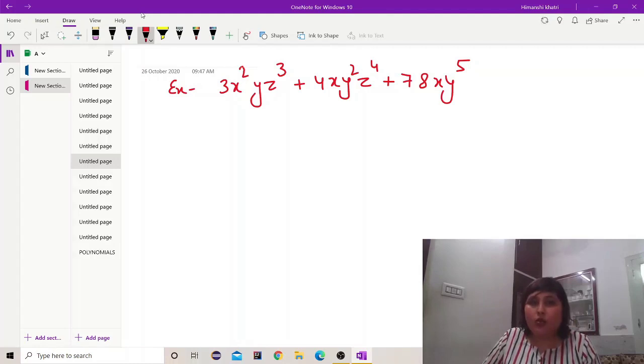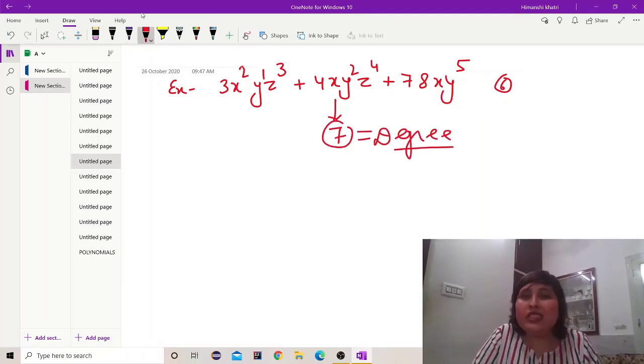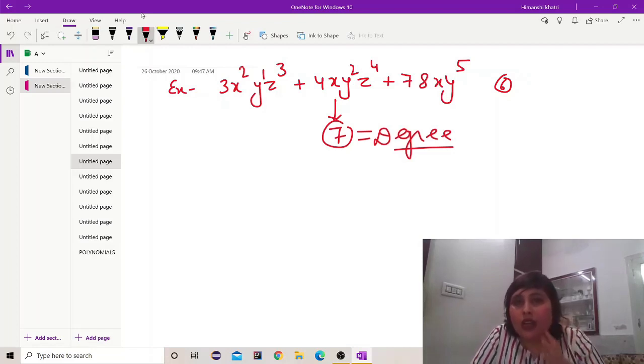So here we have 2, 1 and 3, 6 variables. Here we have 3 plus 4, 7 variables, and here we have 6 variables. So this term we choose, and here it is 7 variables, hence degree becomes 7. So this is the way to calculate the degree of the polynomial.